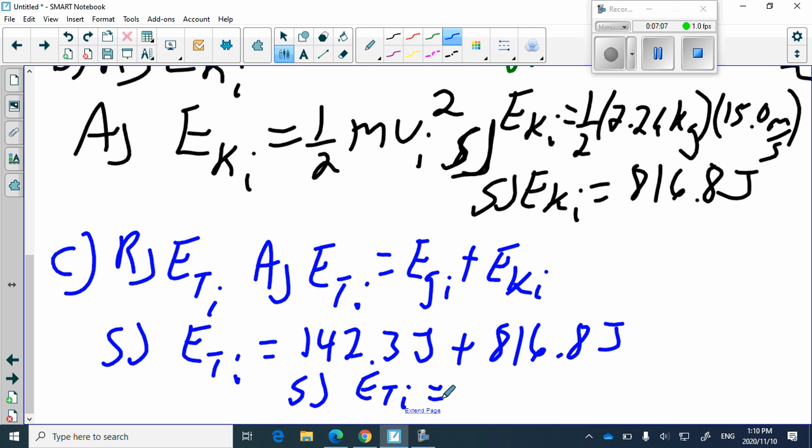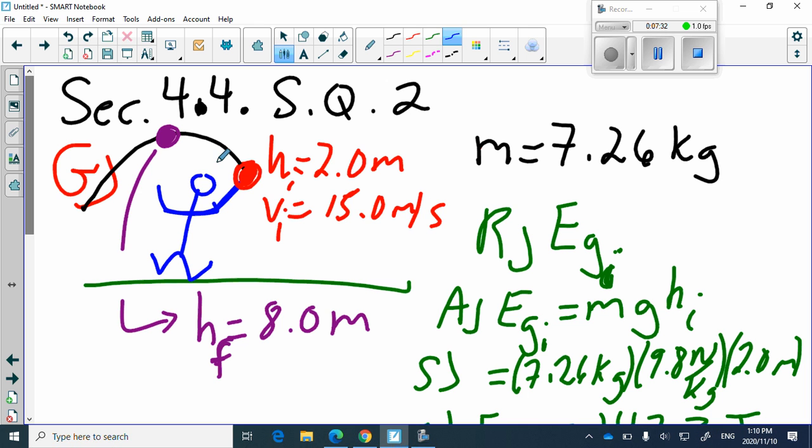And basically we get 959 joules. So that's C, the total mechanical energy. Where am I talking about here, kids? Right here, just as it leaves the hand.